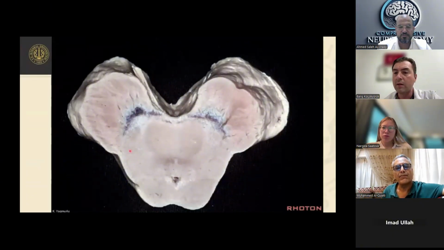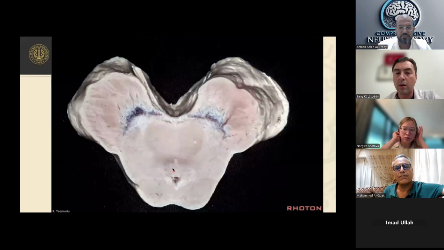This is a brainstem axial cut of the mesencephalon at the level of the superior colliculus. This is the aqueduct. This is the interpeduncular cistern. These are the red nuclei. Just posterior to the red nucleus and anterior to the aqueduct, there is the oculomotor nucleus where this nerve starts.